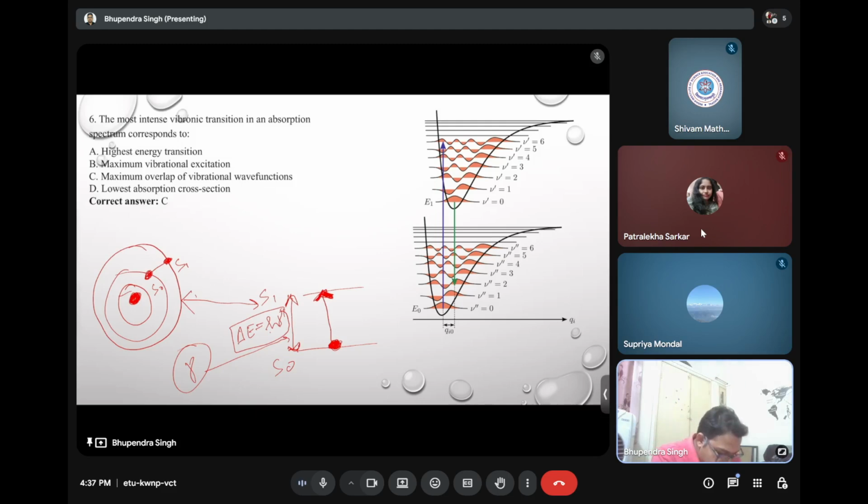What is the nucleus here? Let's just consider this atom. Let's say I'm giving energy, and this electron is going from S0 to S1. This is your nucleus here. Why do they bother about the nuclear position?